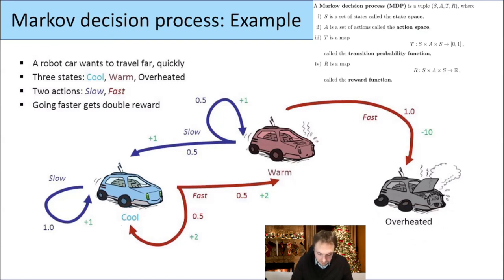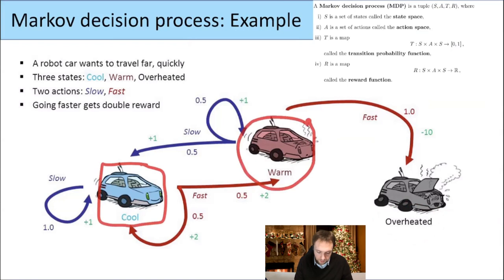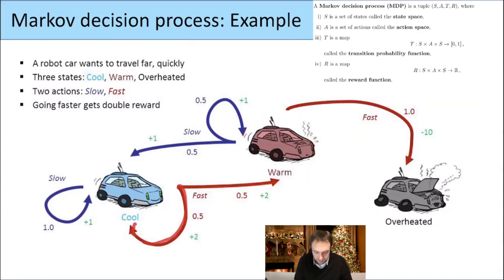And then we see in this picture these transition probabilities. For example, going from the state cool to the state warm using the action going faster, the probability is 50%, and staying in the same state is also 50%.